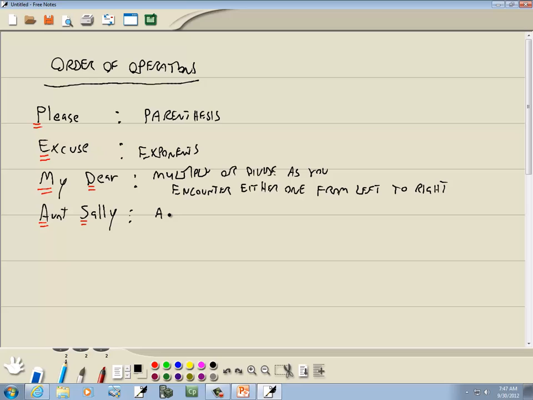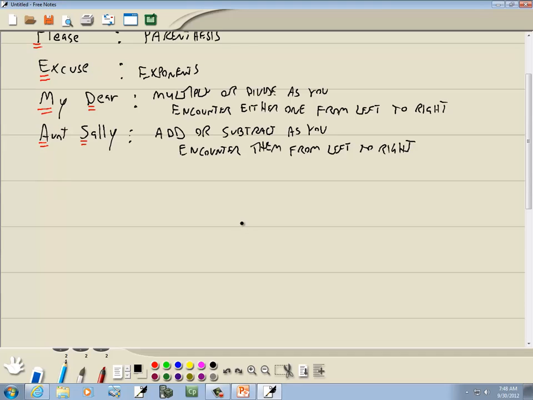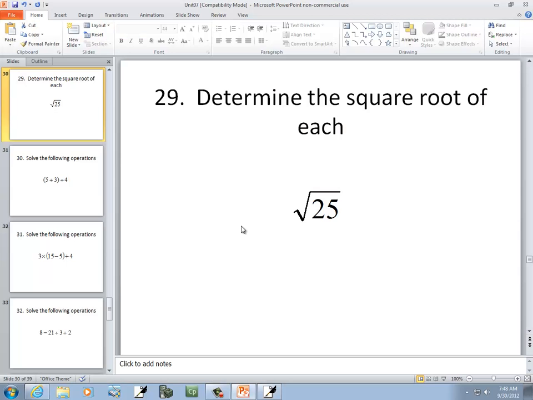And the A and S stands for add or subtract as you encounter them from left to right. So let's use those to solve these next problems.